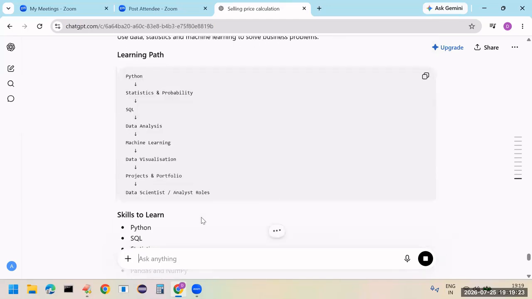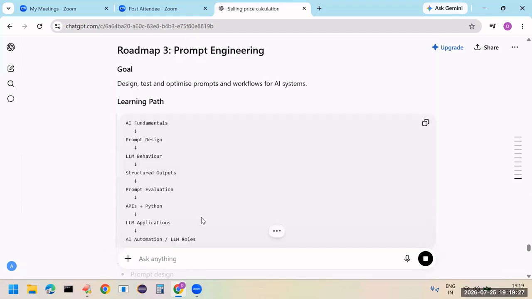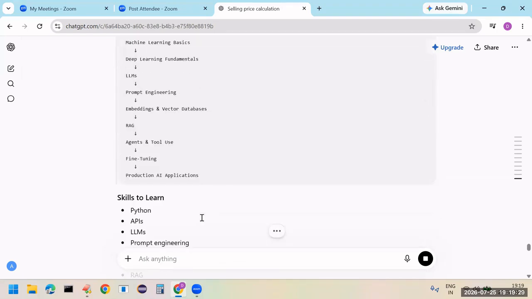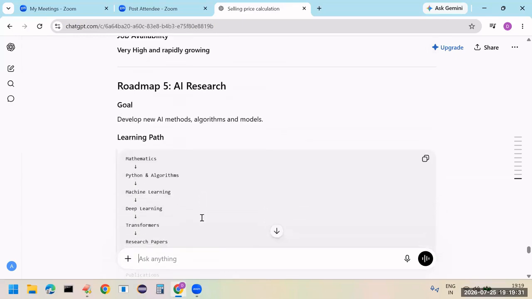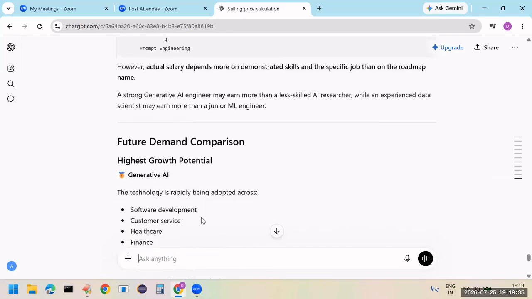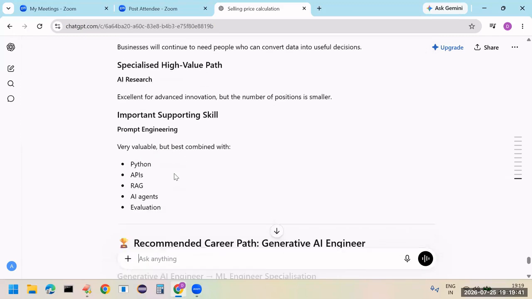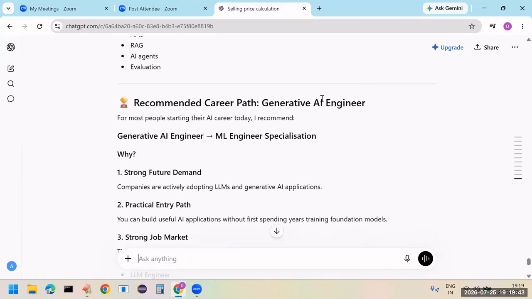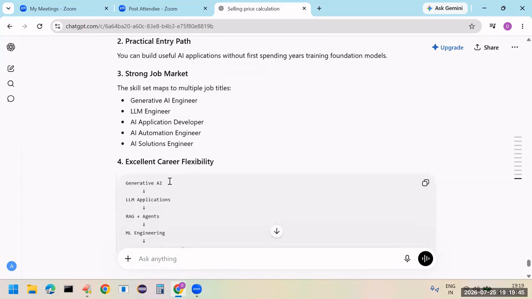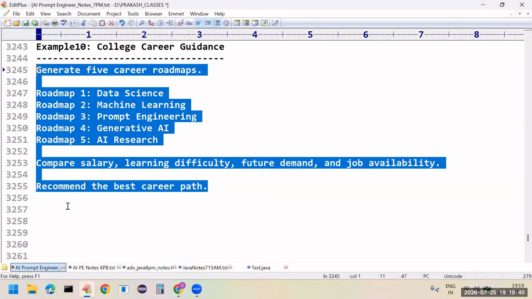Data science, goal, learning path. Like that, it is going to give all the options, and finally, it will select the best approach. Future demand, high growth potential, generative AI. Recommended career path: generative AI. Clear?